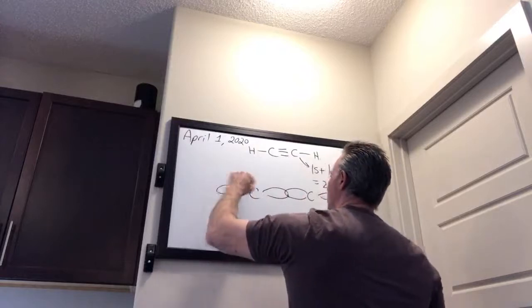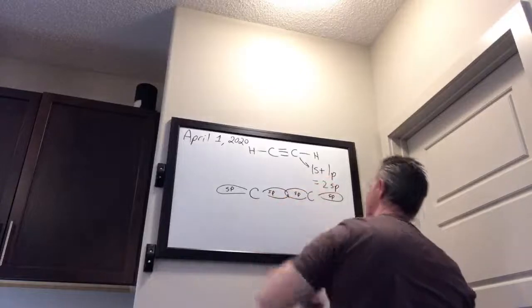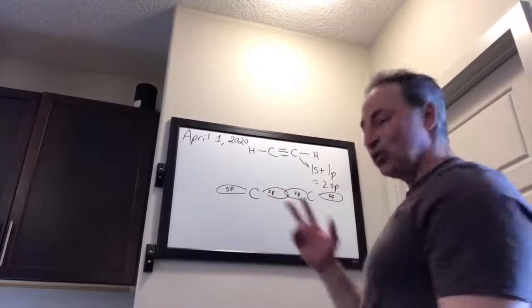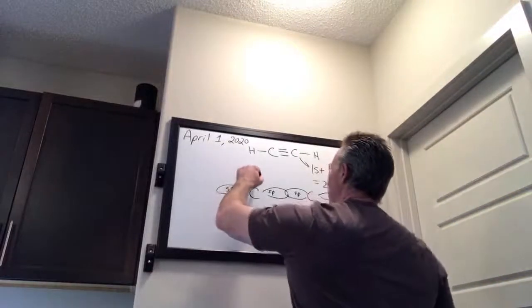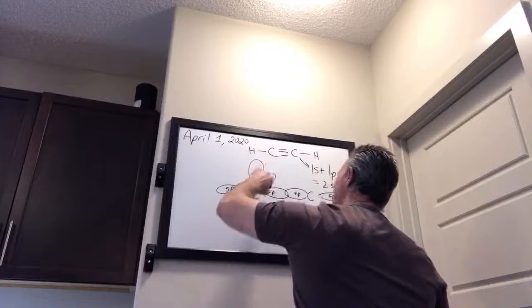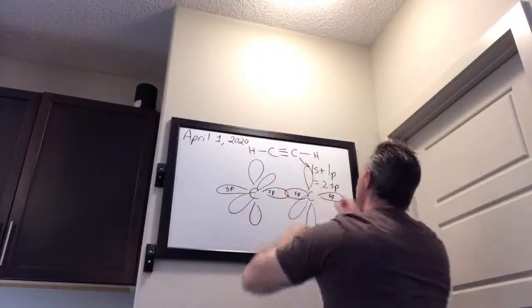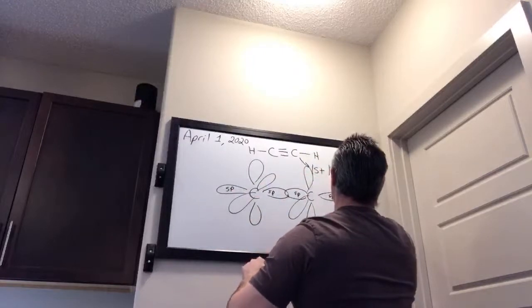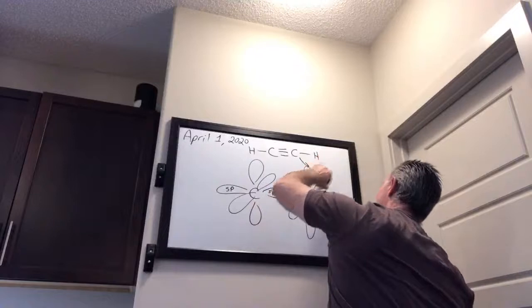So this is an sp orbital, this is an sp hybrid, that's an sp hybrid. And there are now 2 p orbitals that are not hybridized. They're still sitting there, 1 above and below, and 1 coming out at you, and 1 going behind the plane of the blackboard. 1 above and below, 1 coming out, and I'll have to erase this to see, and 1 going behind.